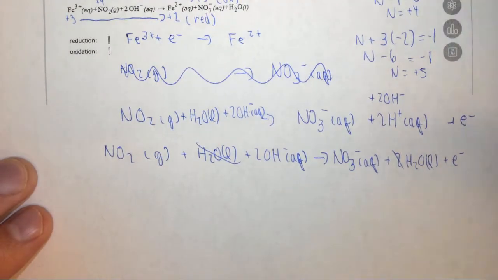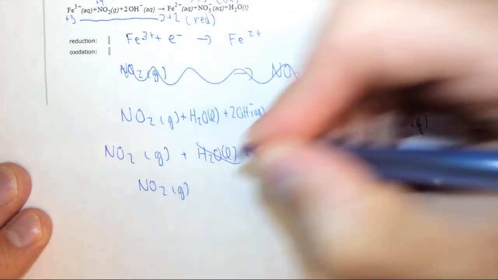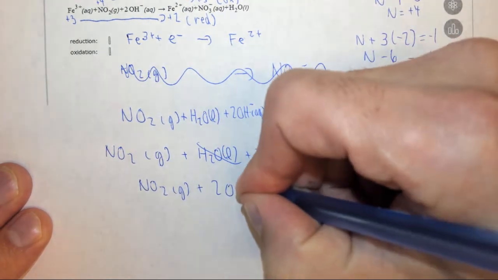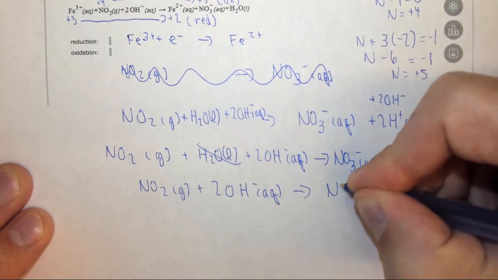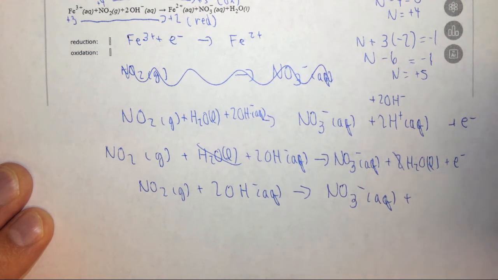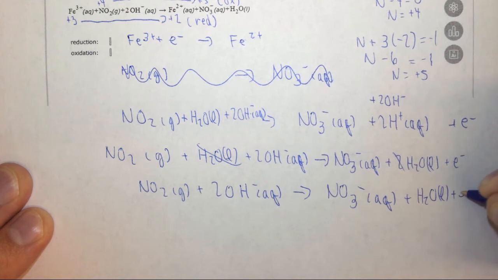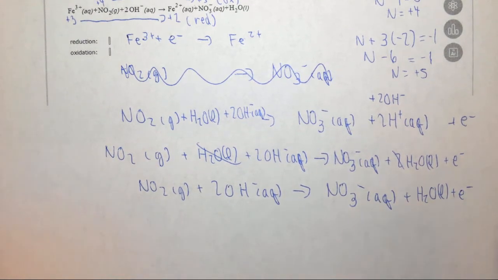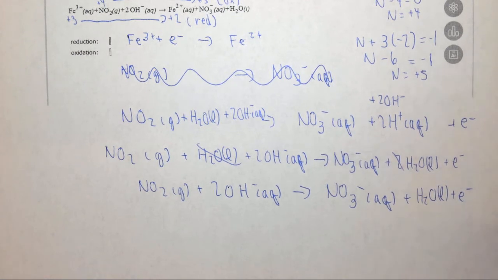And finally, for our half reaction, we get NO2 gas plus 2OH minus aqueous yields NO3 minus aqueous plus H2O liquid plus an electron. So this is our oxidation half reaction in basic solution.